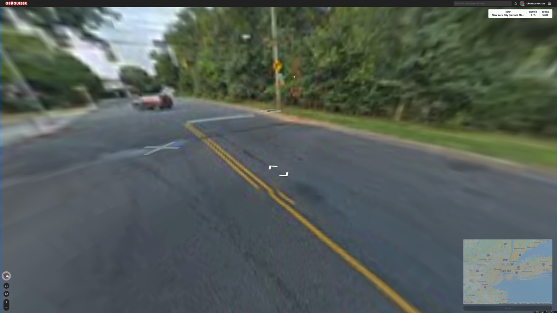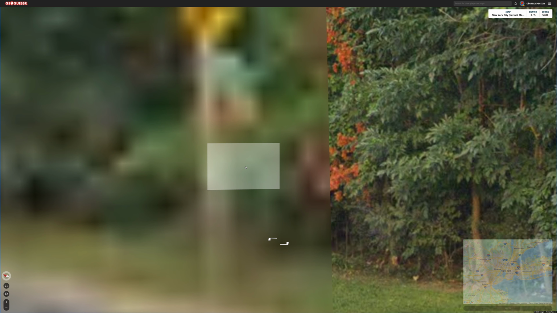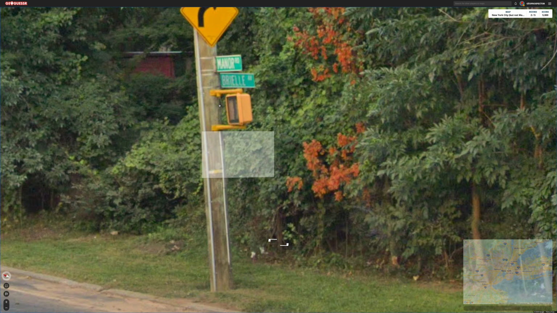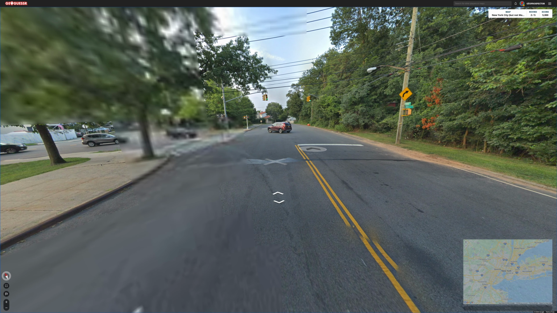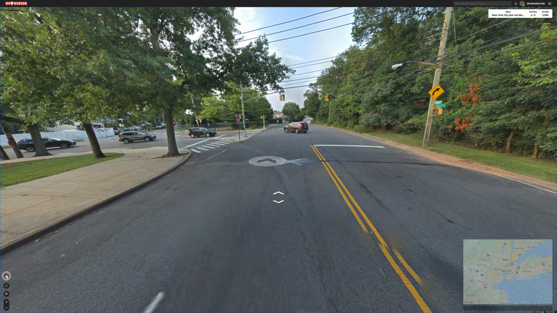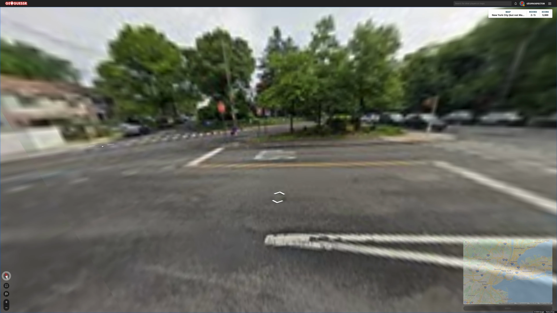It doesn't feel like we're on a particularly main road at the moment, to be honest. Please load. Okay, so we see Manor Road, that was the one that we got from before, and Brielle Avenue. B-R-I-E-L-L-E Avenue. Manor Road and Brielle Avenue. Interesting.